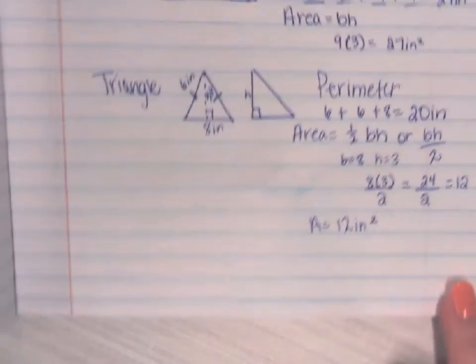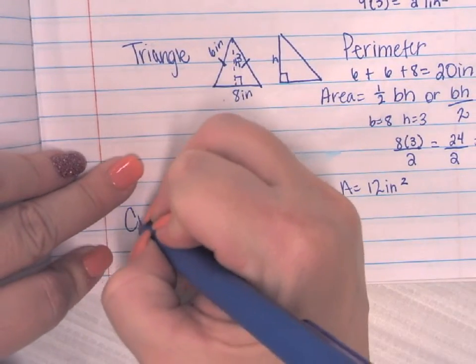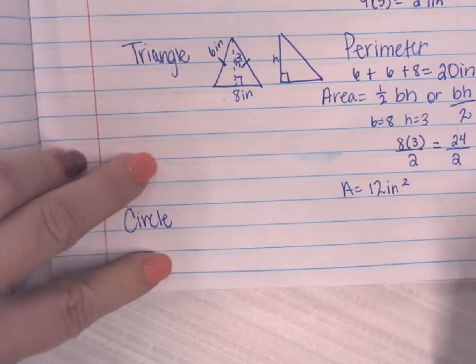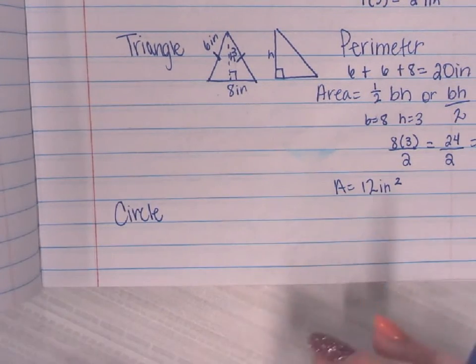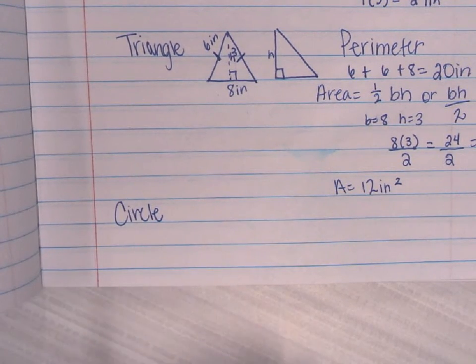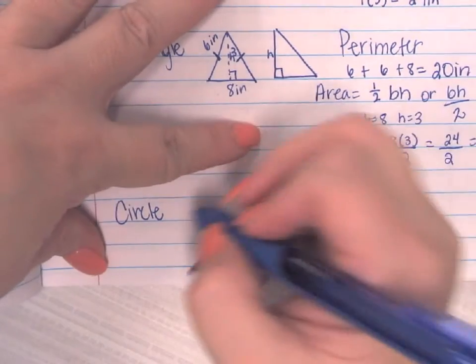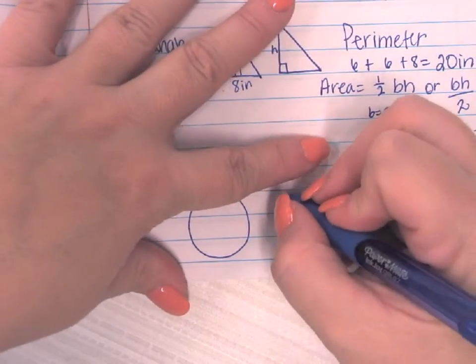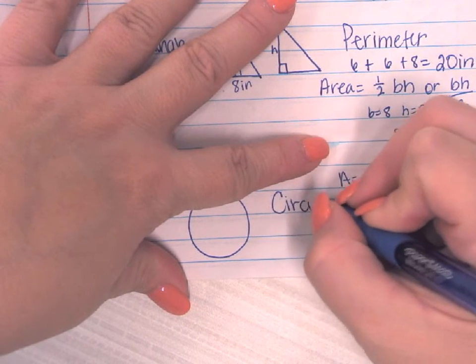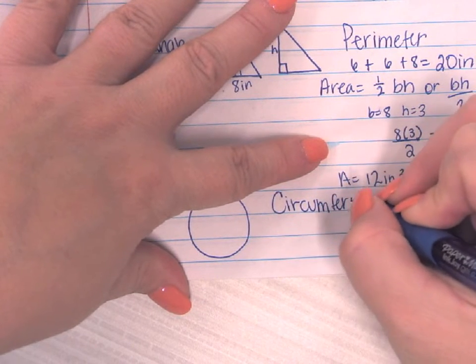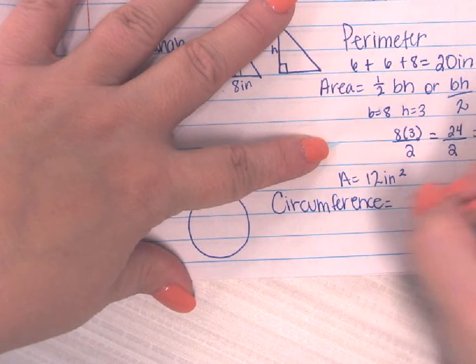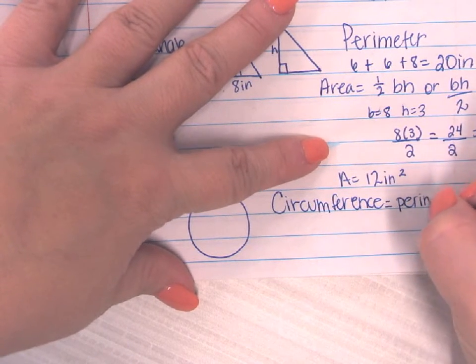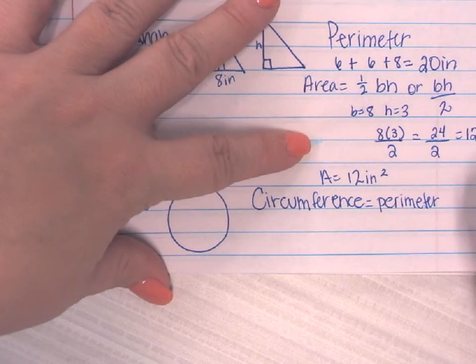All right, and then finally we have a circle. You guys remember what the perimeter of a circle is called? The perimeter of a circle is called the circumference. This is the perimeter. Okay.